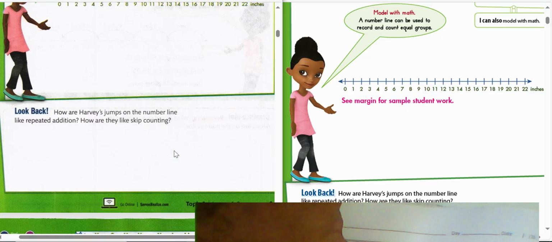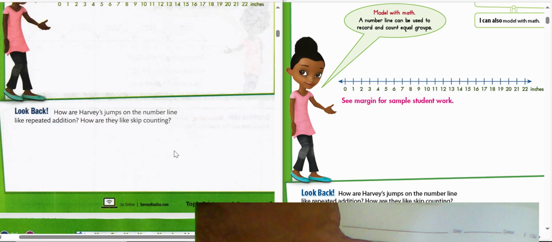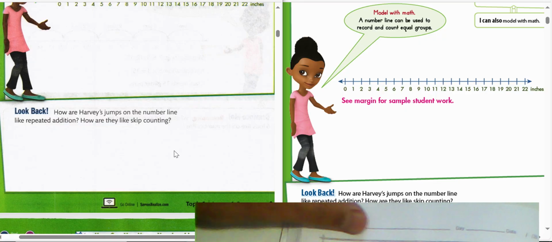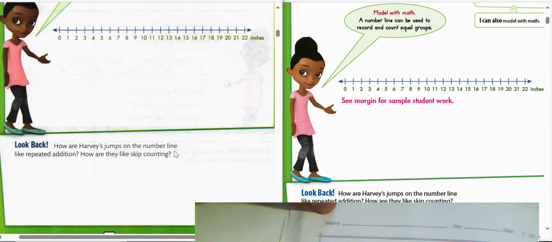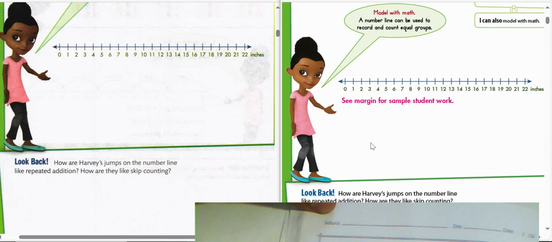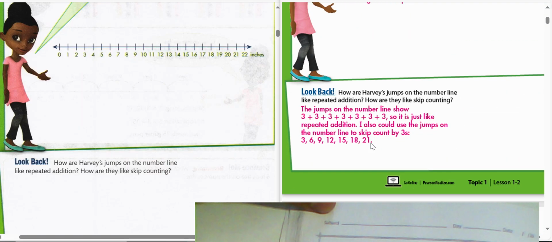How are the jumps on the number line like repeated addition, and how are they like skip counting? You can skip count here. It's very easy, like multiples of 2, start from 0 to 4, and so on to get the answer. Or 3, start from 0, 3, 6, 9, 12, 15, 18, 21.